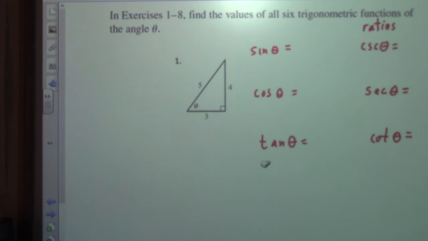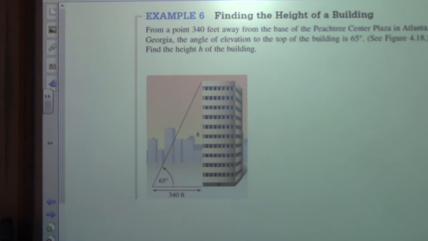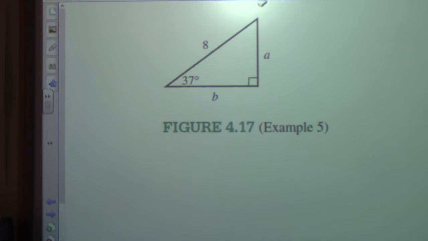I had a good question from Ben on Friday about the calculator. We had this problem, remember that one? We said that sine of 37 degrees is equal to our opposite over our hypotenuse.